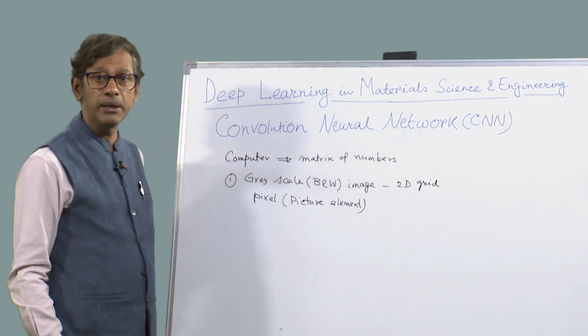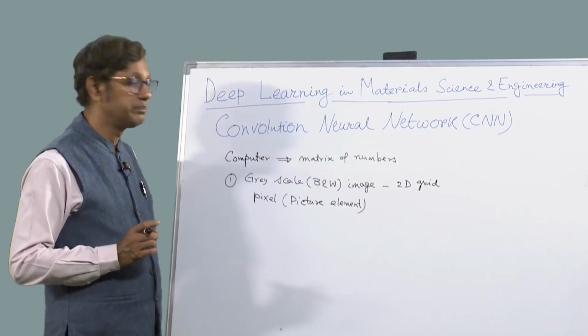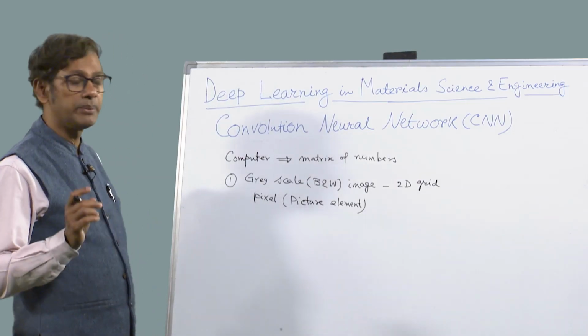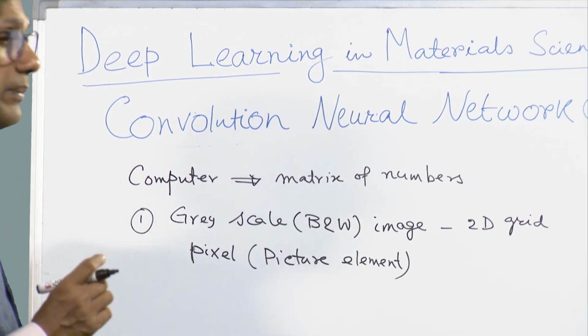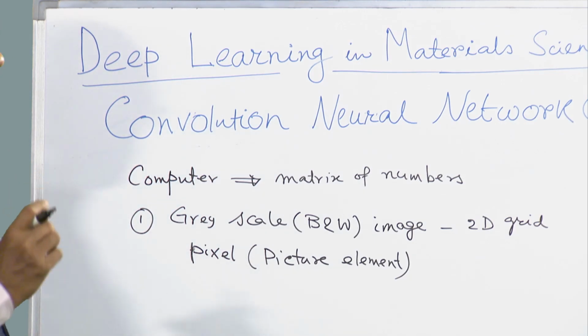When you buy a mobile camera, you always look at the pixels: 12 megapixel, 15 megapixel, 14 megapixel or maybe a 50 megapixel camera. So, this pixel is your picture element.